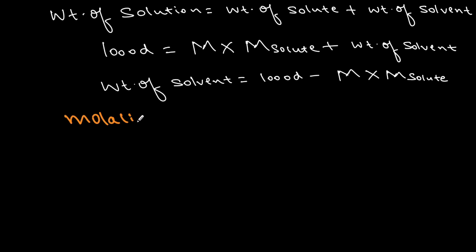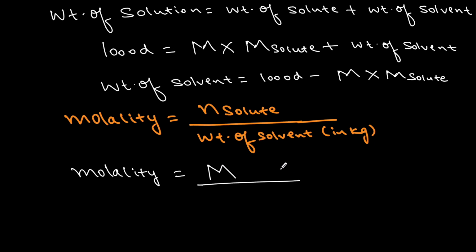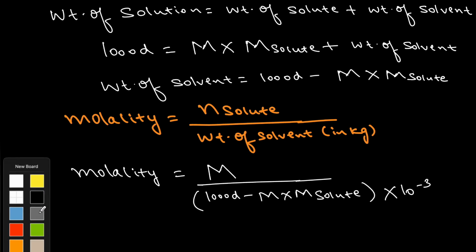Now we'll write the formula for molality, which is moles of solute divided by weight of solvent in kilogram. Now putting the values. We know moles of solute, we can simply write molarity, capital M. The value of weight of solvent is 1000 d minus molarity times M solute, multiplied by 10 raised to power minus 3 to convert into kilogram.